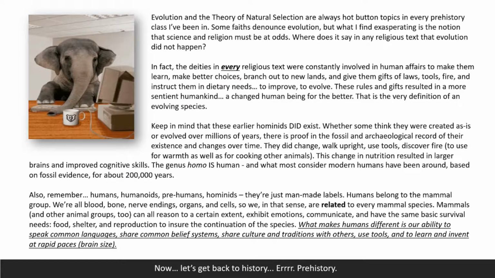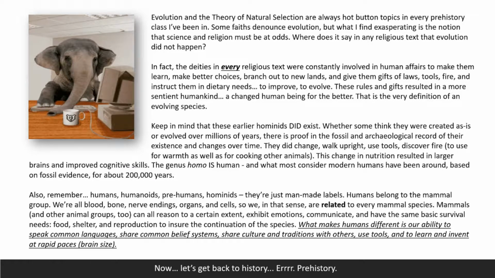So I want you to keep in mind that these earlier hominids, pre-humans, they did exist. Whether some people think they were created on the spot as is, or that they evolved over millions and millions and millions of years, there is proof in the fossil and archaeological record of their existence and their changes over time.